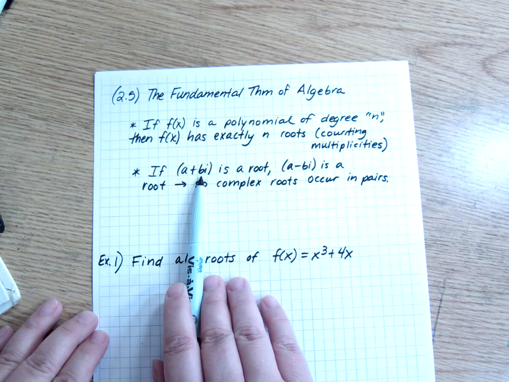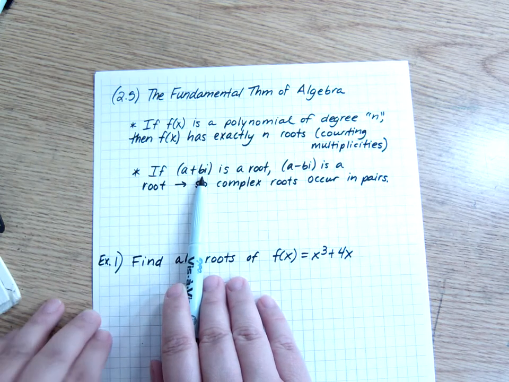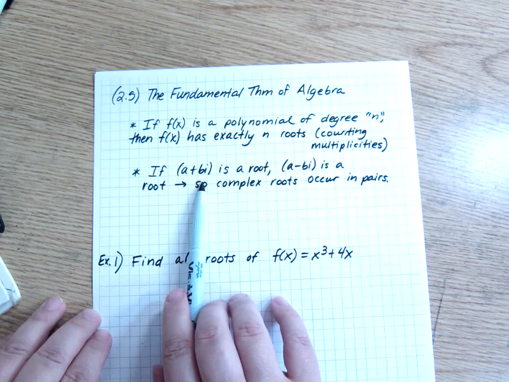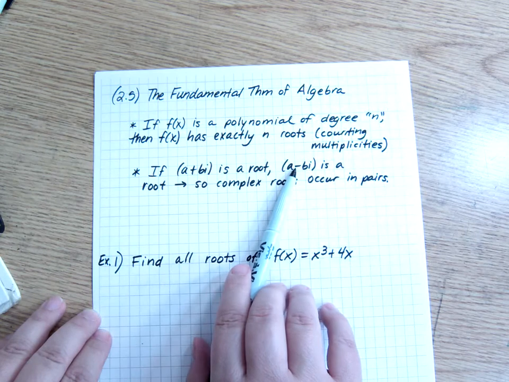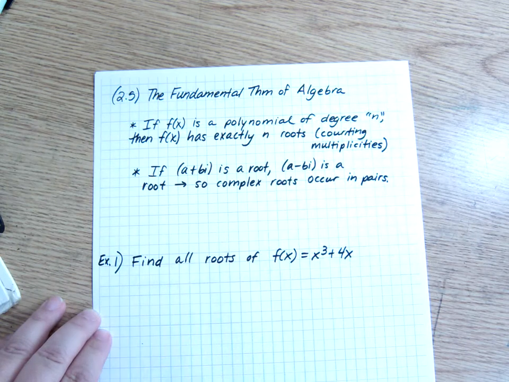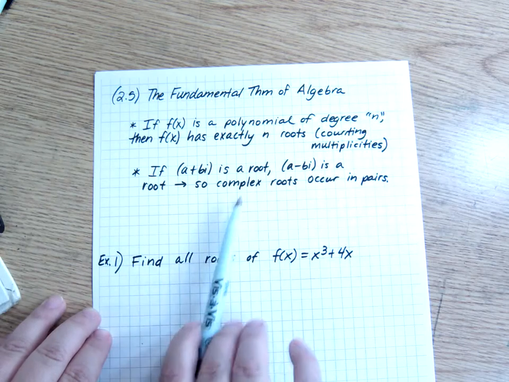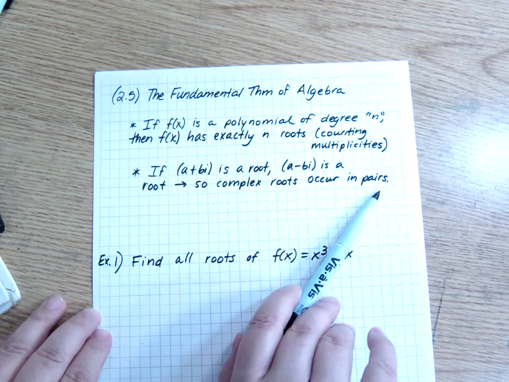Same with an irrational number, like if it was 1 plus square root of 5, it would be 1 minus square root of 5. Only the irrational part is going to change signs. So, for instance, if I know that 2 plus 3i is a root, that means 2 minus 3i is a root. If I know that 1 minus i is a root, that means that 1 plus i is a root. So keep that in mind, and that means complex roots occur in pairs.